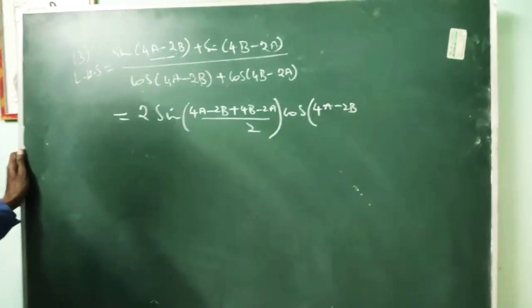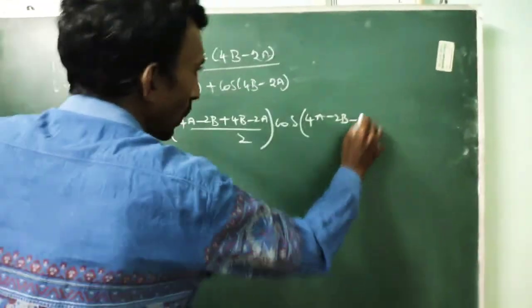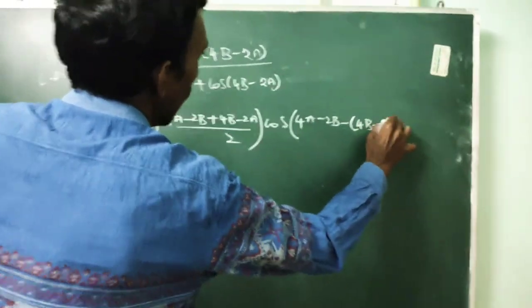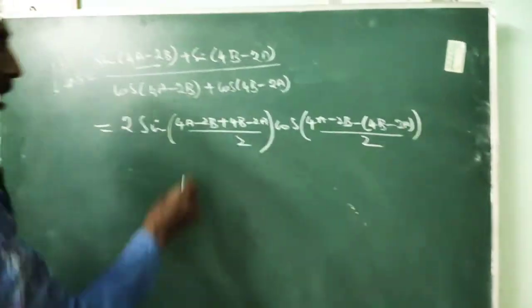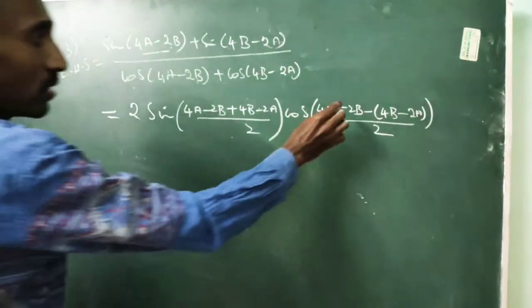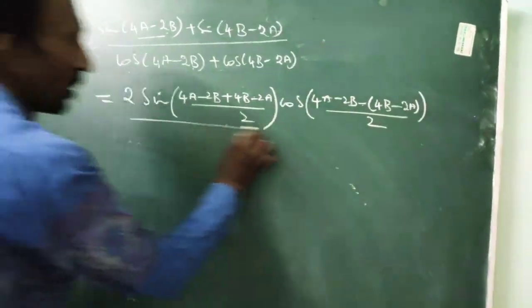So don't forget to multiply by the minus, or you can put the bracket, 4b minus 2a, by 2. C minus D, that bracket is essential.